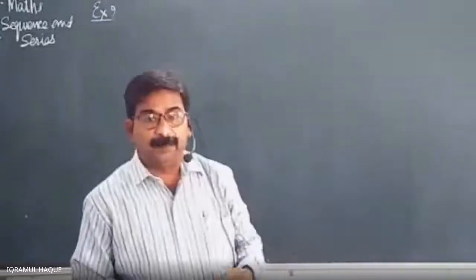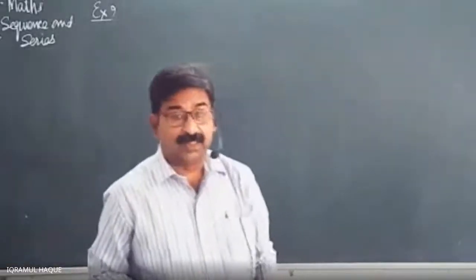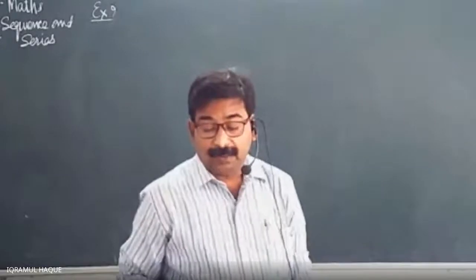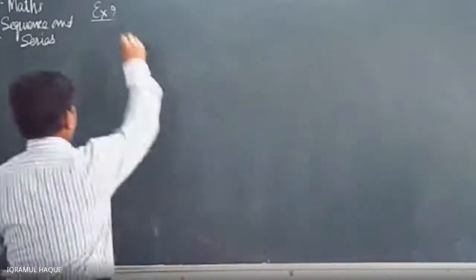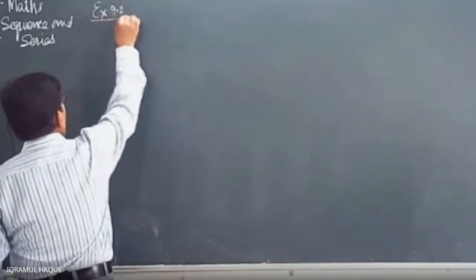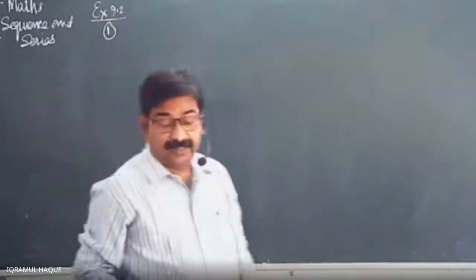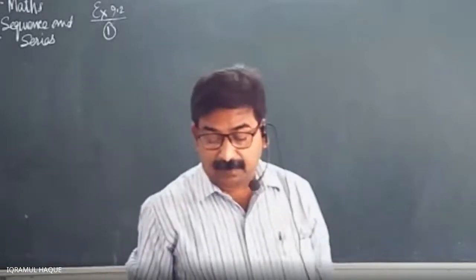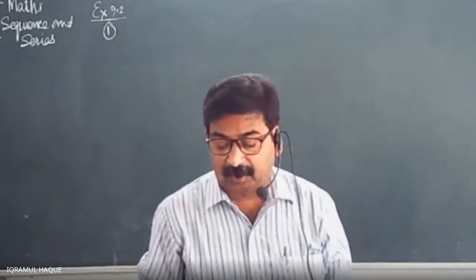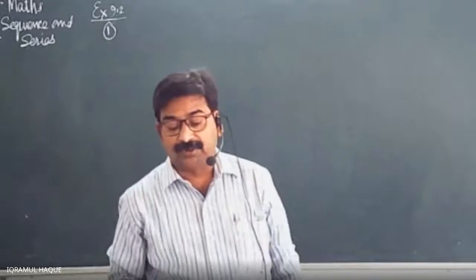You have been taught AP in class 10th and these questions are about AP. I am starting the first question of exercise 9.2. The question is: find the sum of odd integers from 1 to 2001.